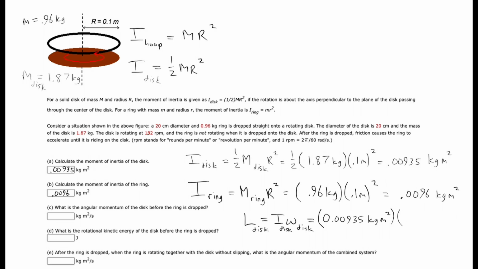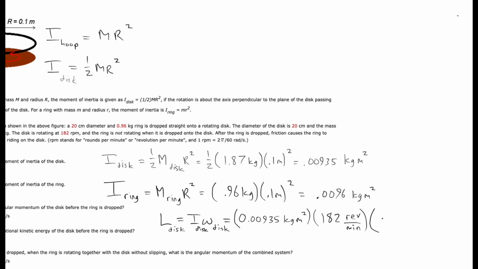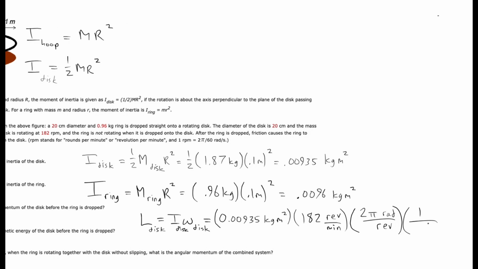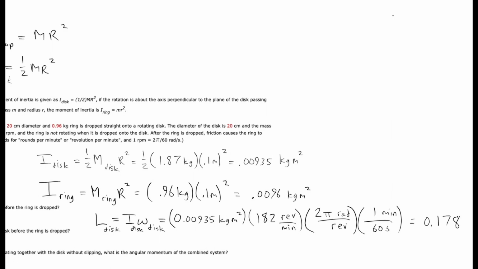And we have to multiply by the omega, but you don't want it in revolutions per minute. We got to get it into the SI units, standard units of radians per second. So let's do 2 pi radians per revolution. And we'll multiply by the fact that there's 60 seconds in a minute. That'll get it converted there. I believe I'm getting 0.178.